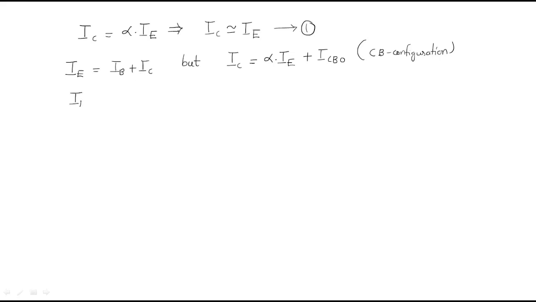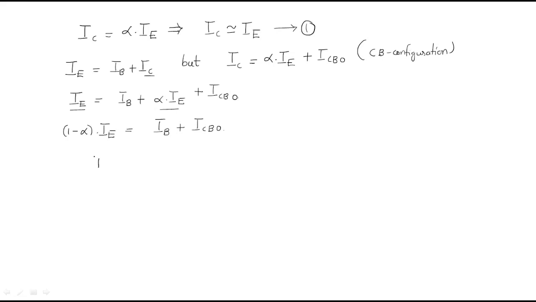Now substitute in place of IC. Replacing IC with the equation alpha into IE plus ICBO, IE is common on both sides, so you get 1 minus alpha into IE equal to IB plus ICBO.